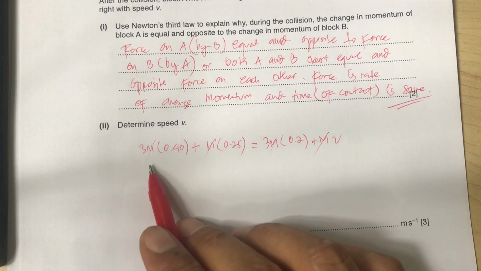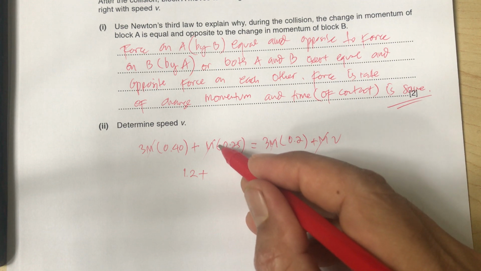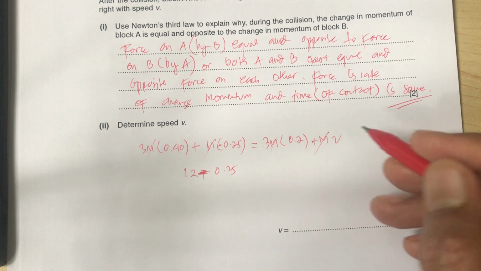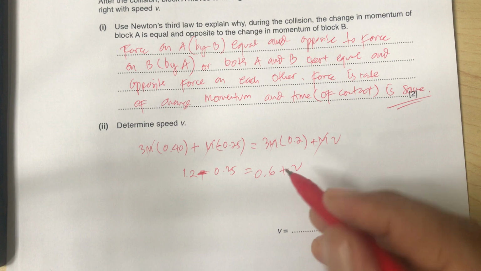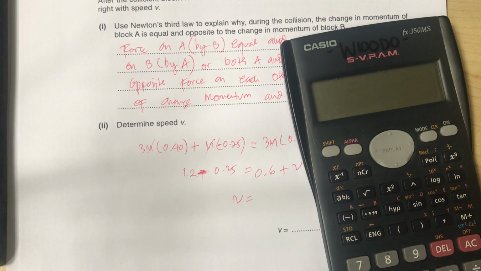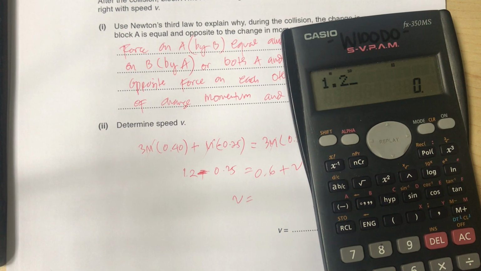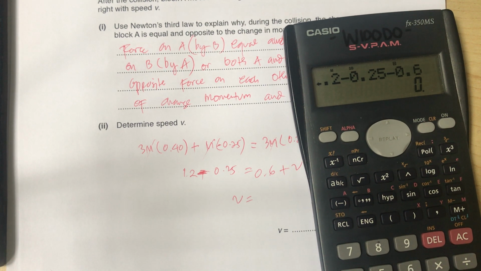So we have 3 times 0.4, which is 1.2. Sorry, this is minus 0.25, equals 0.6 plus v. So v equals 1.2 minus 0.25 minus 0.6.